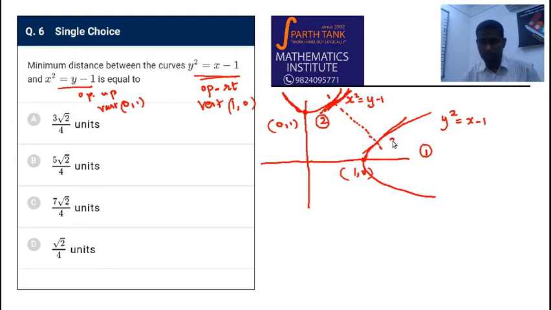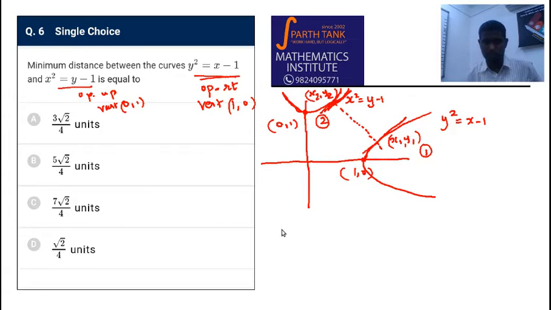Let us call this as point x1, y1, which lies on y squared is equal to x minus 1, and let us call this point x2, y2, which lies on the curve x squared is equal to y minus 1. What we can say is that the slope at this point to this curve and slope at this point to this curve should be the same, right? So let us find that and see if we can get any useful results for x and y from that.